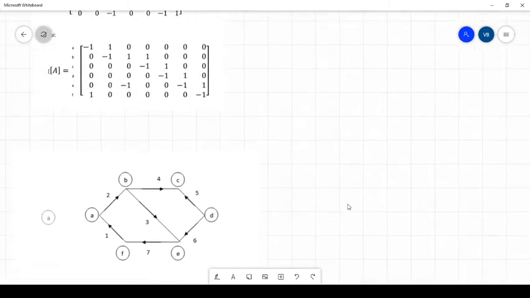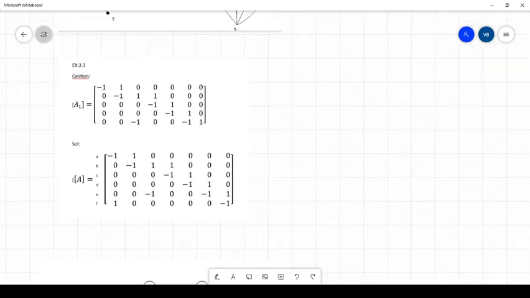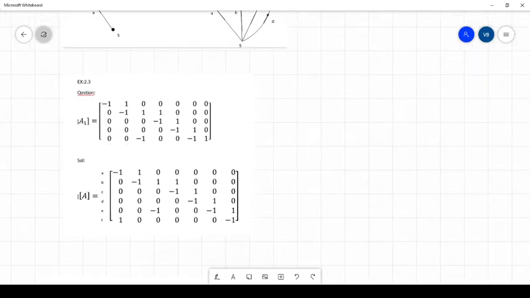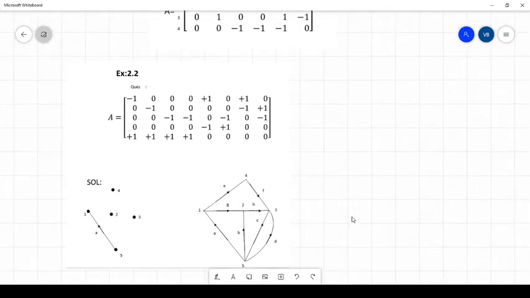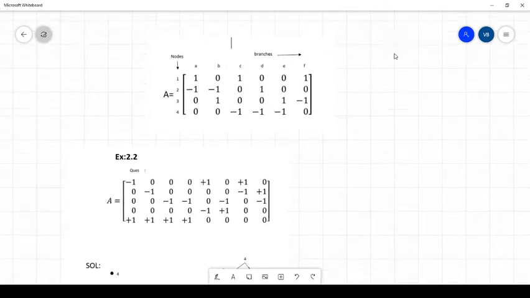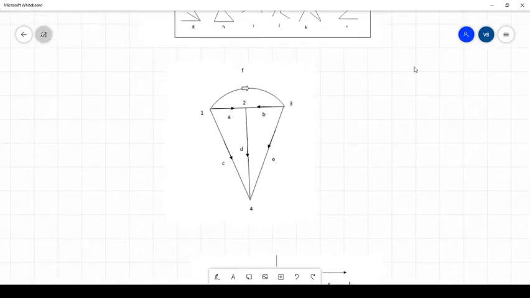So first I'll explain. I'll take a network, and for the network, we'll see how many possible trees there are.